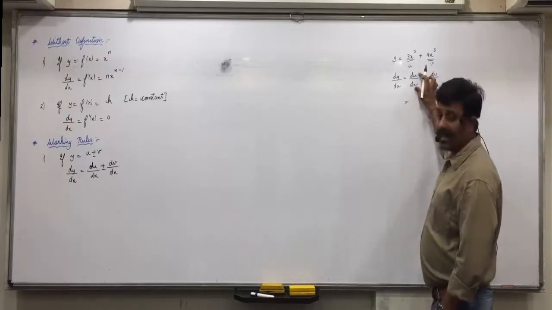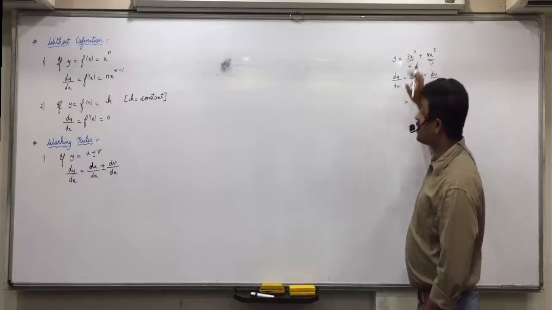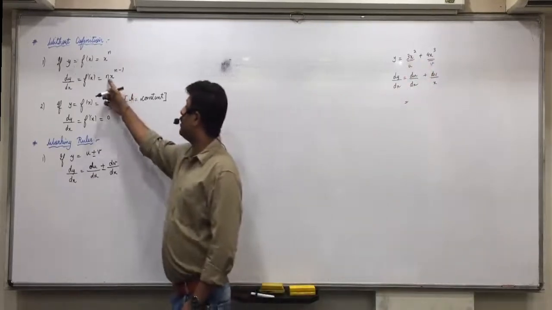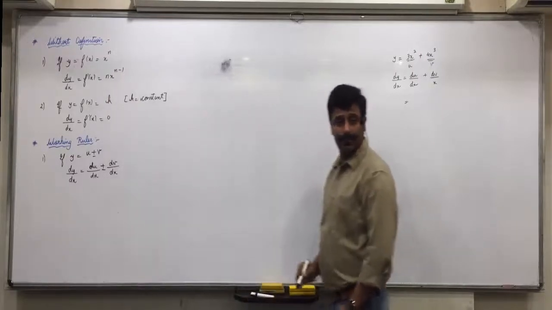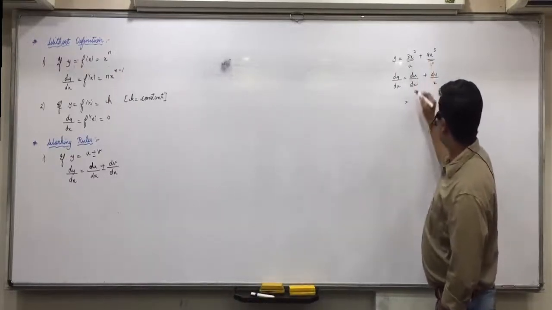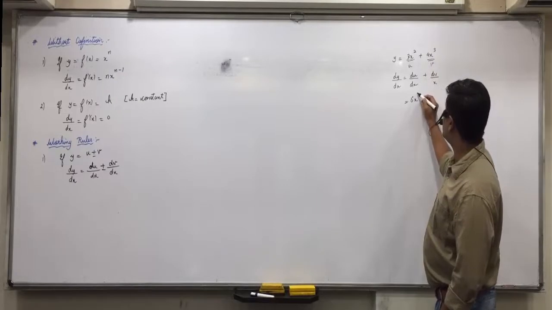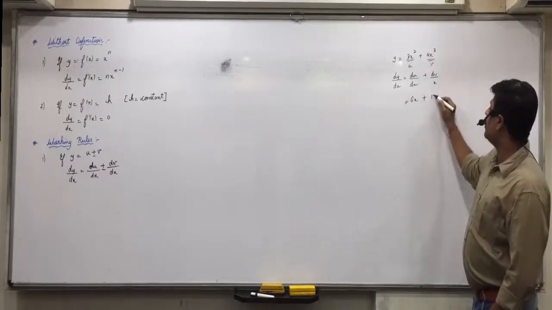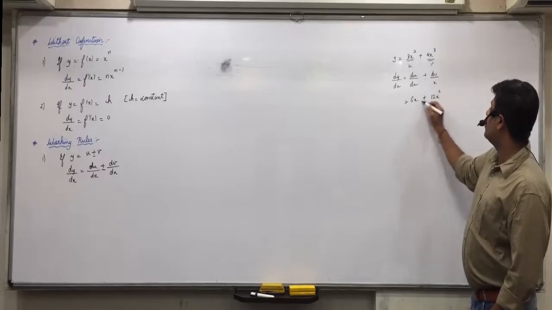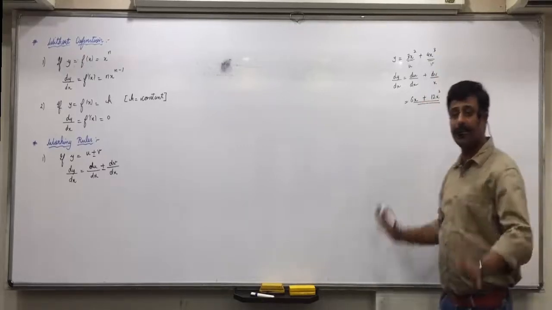Now du by dx means 3x square: 3 into 2, it will become 6x raised to 2 minus 1, which is only 1. And 4 into 3, 12x raised to 3 minus 1, that is 2. This is the final answer.